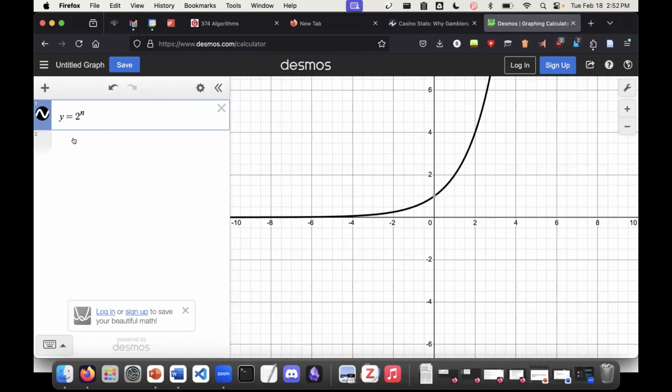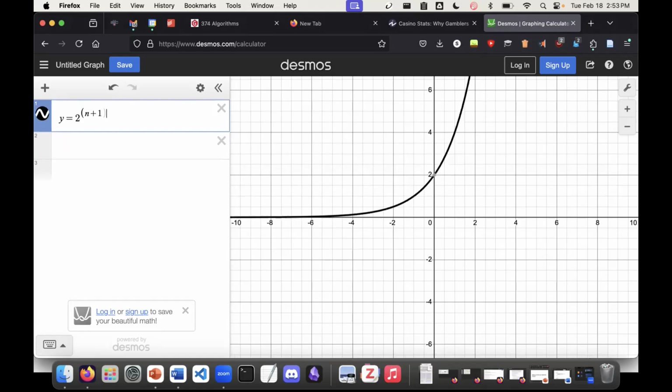There we go. So our original function is 2 to the n plus 1. That's our original function. That's f of n.